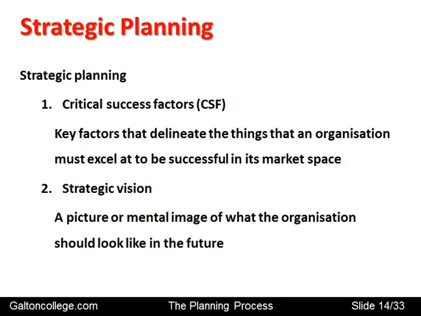The strategic vision, well, this is a picture, or if you like, a mental image of what the organization should look like in the future. The strategic vision is, as I said earlier, like a roadmap that's going to get the company from where it is to where it wants to be. But it'll also enable the management to envisage, to imagine what the company will be like in the future, when the time horizon has come and gone, when the time horizon has been reached.